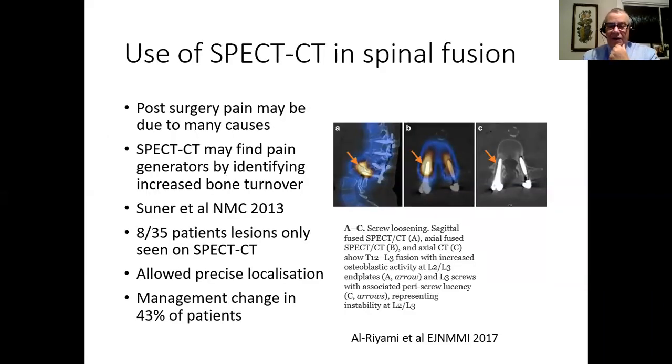There's one special area in the spine where SPECT-CT is becoming increasingly useful. And this is some work that was done from a hospital in London called University College Hospital. And lots of people, for various reasons, get spinal fusions. This may be because they have a scoliosis or a kyphosis and they're trying to correct it.